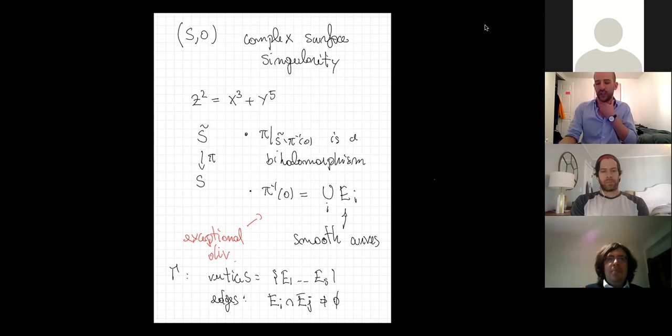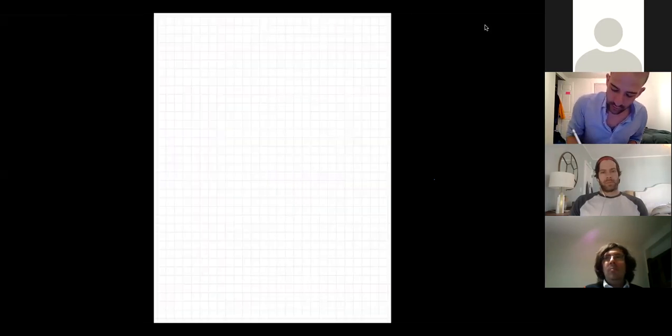Indeed, you can make sure that when the intersection is non-empty, it is exactly one point by blowing up the resolution if necessary.